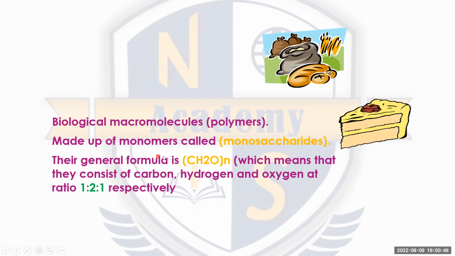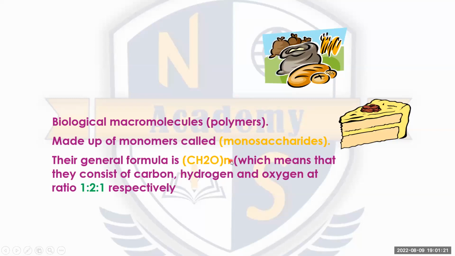The formula illustrates the number and the type of atoms forming each molecule. So the formula of carbohydrates, or mainly of monosaccharides, is (CH2O)n.